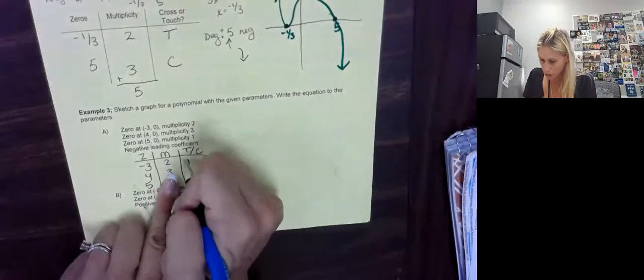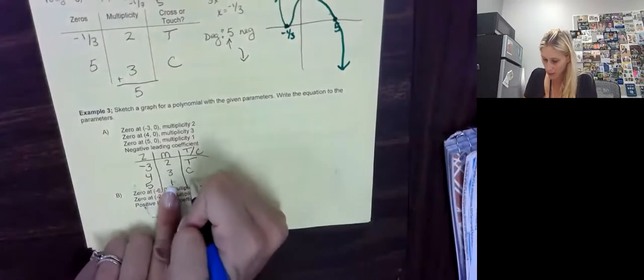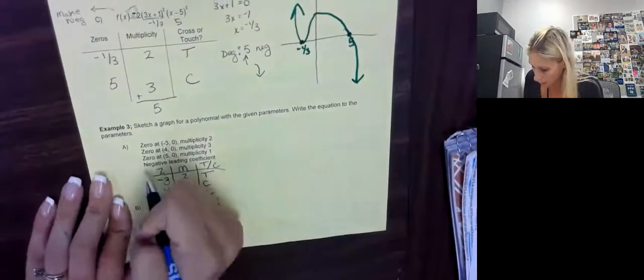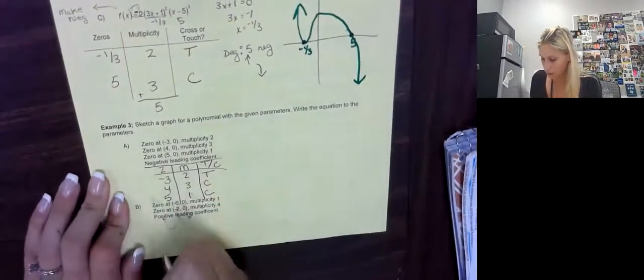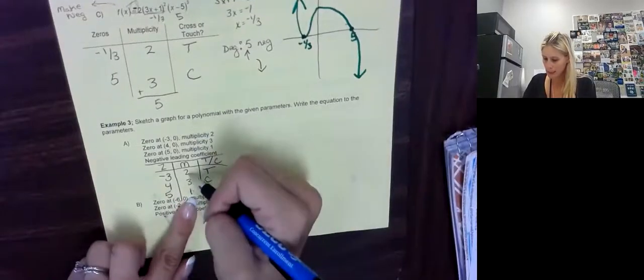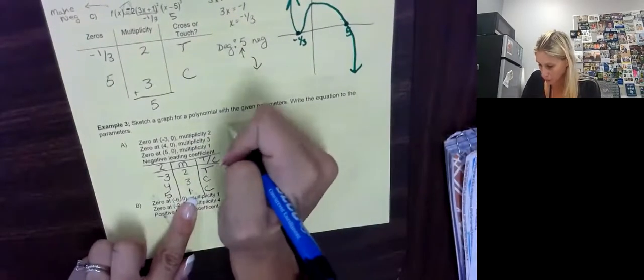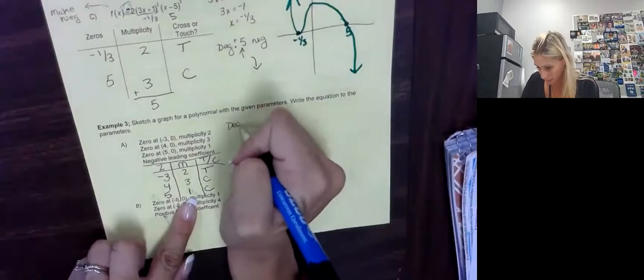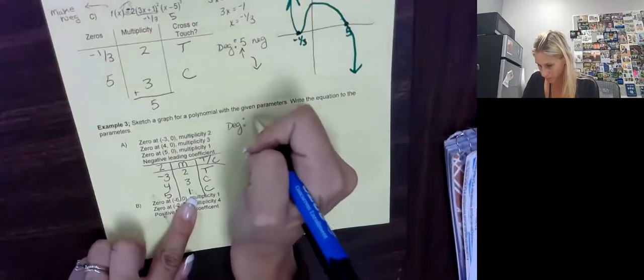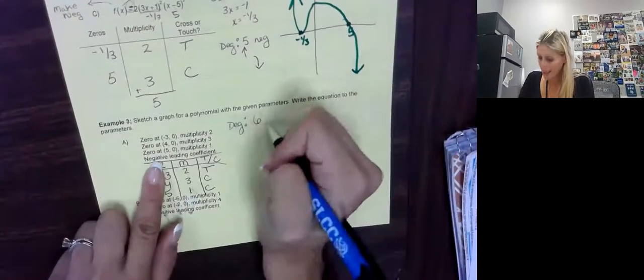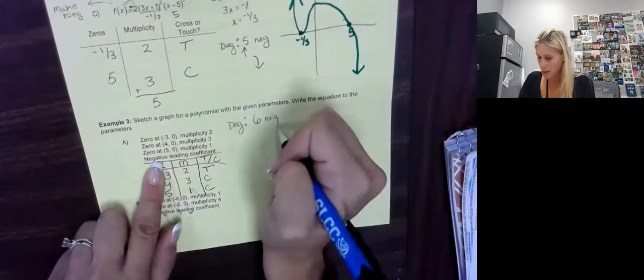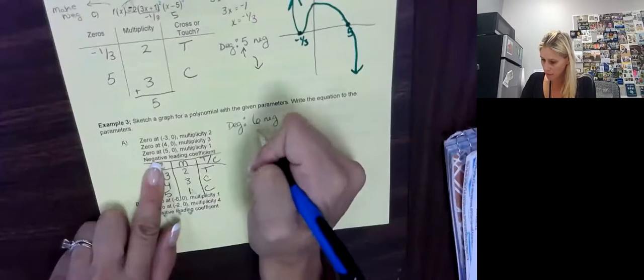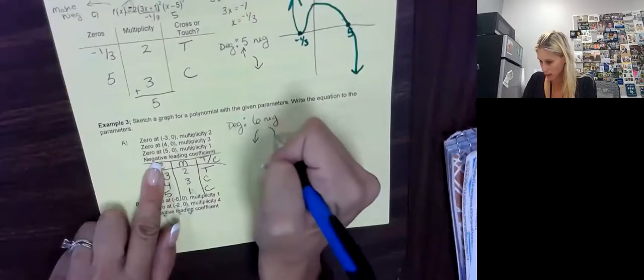Even is touch. Odd is cross. Right? Okay. Now the other thing, negative leading coefficient. Well, what that means is when we add these up for our degree, which the degree is 6, it is now a negative, so it flips. So that end behavior for that even negative, that end behavior looks like this.